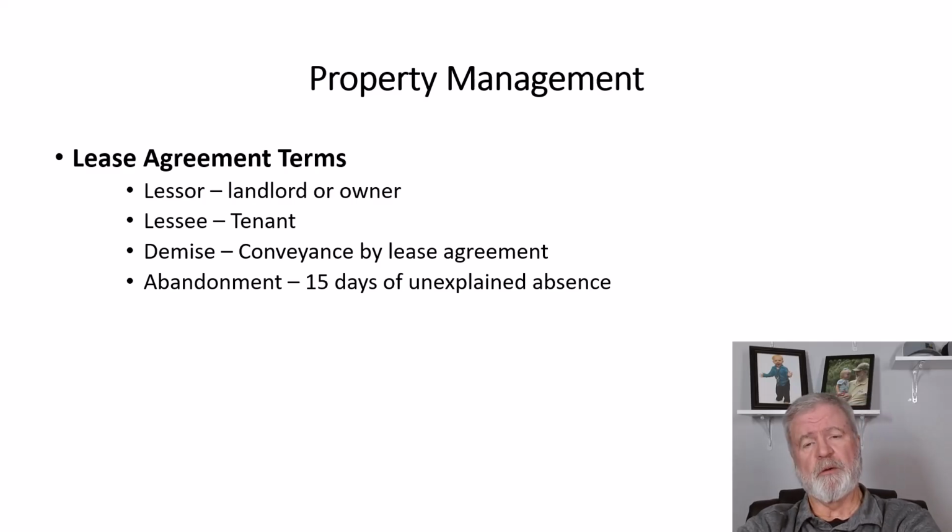That we'll be talking about a little bit later. I'm not going to get all into the weeds of abandonment right now. But you do need to remember, at least for now, abandonment is considered 15 days of unexplained absence. And we'll talk about what this unexplained absence is.